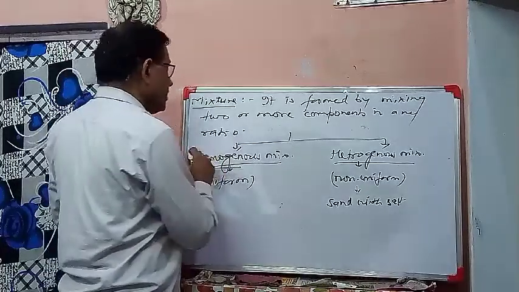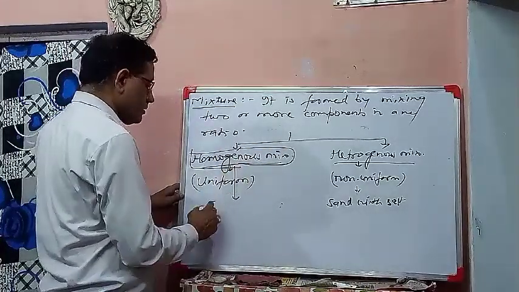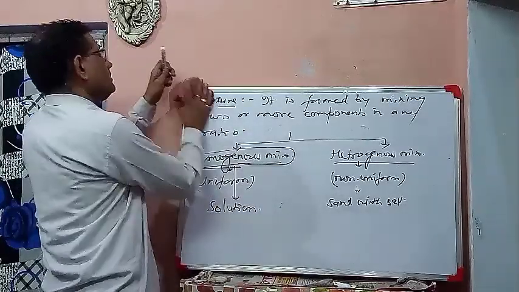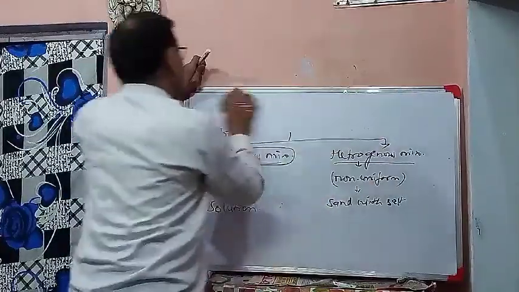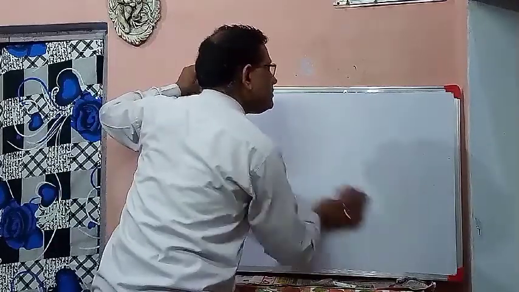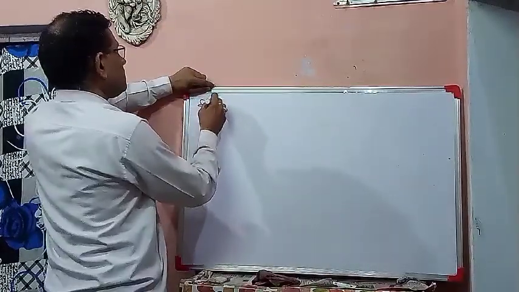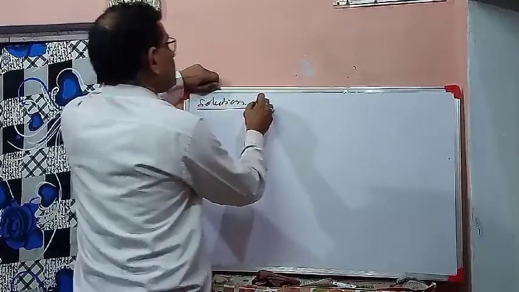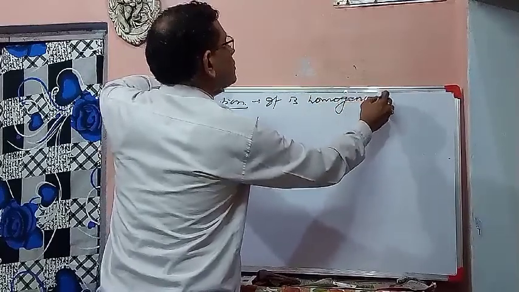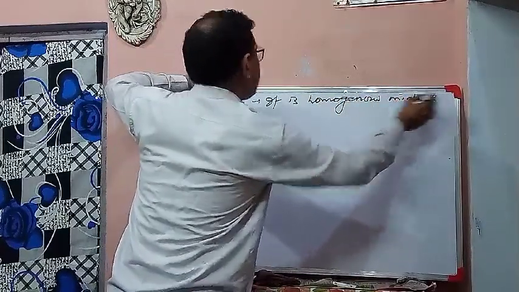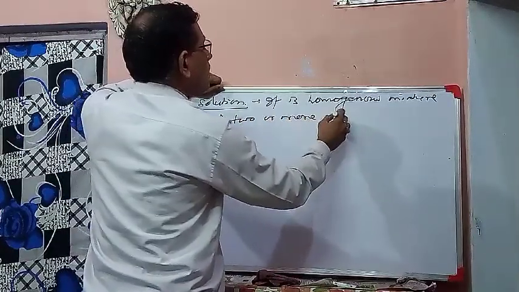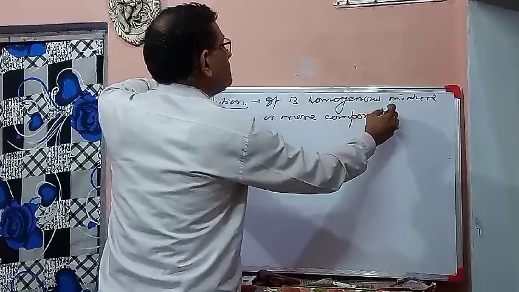This homogeneous mixture is also said to be a solution. यही solution है हमारा. So how do you define the term solution? Solution is a homogeneous mixture of two or more components.